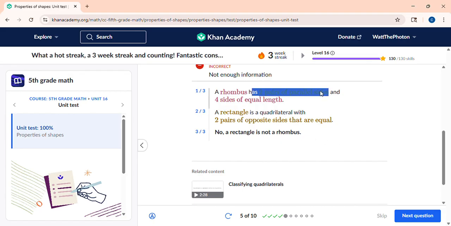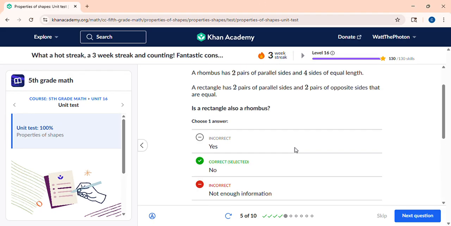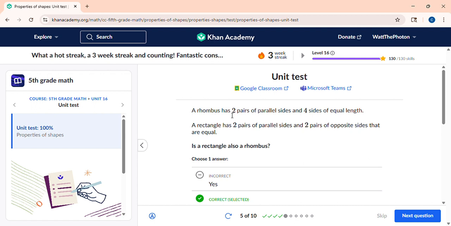A rhombus has 2 pairs of parallel sides and 4 sides of equal length.